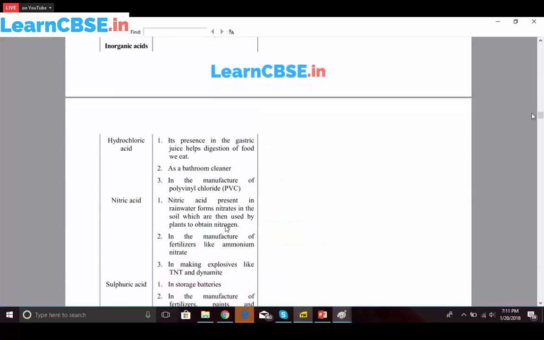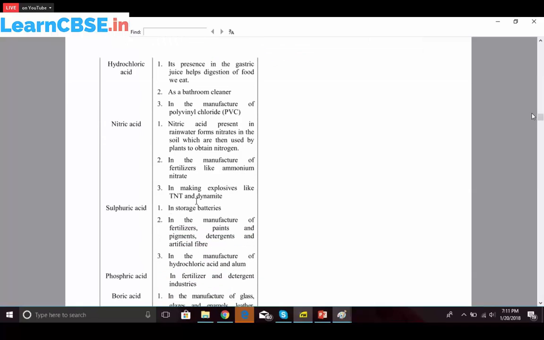Inorganic acids, the first one is HCl. It is present in the gastric juice, which helps the digestion of the food we are eating. It is also used as a bathroom cleaner, and one of the important uses is the manufacture of polyvinyl chloride, PVC.